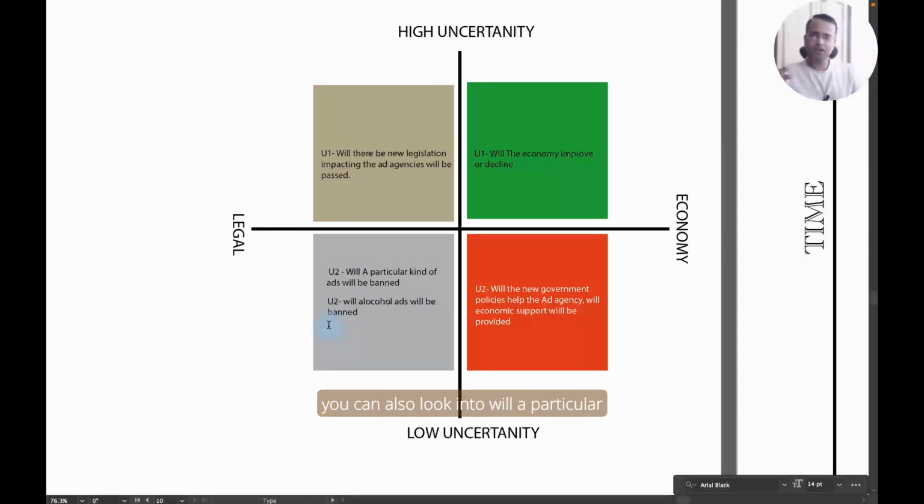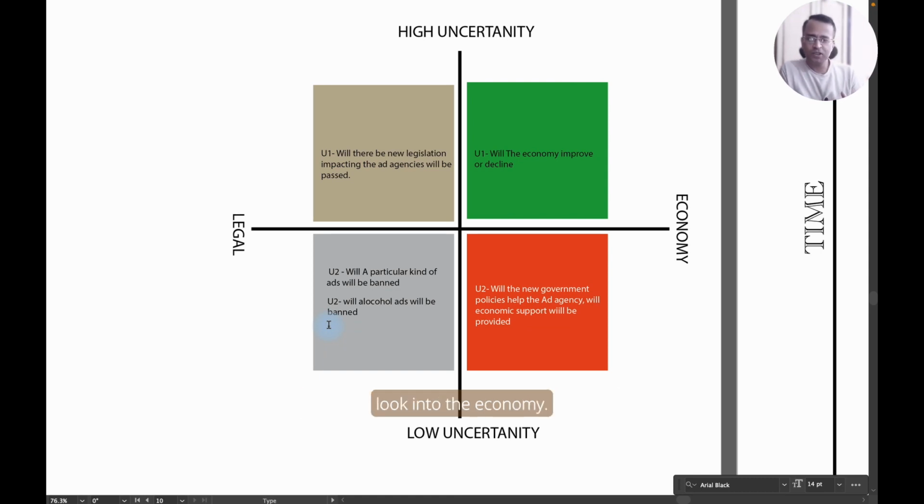Or you can also look into whether a particular kind of ad could be served, for example advertisements related to kids, will they be allowed or not allowed? How is this going to impact the advertisement? So we have to look into many other aspects connected to the legal aspect of the advertisement.